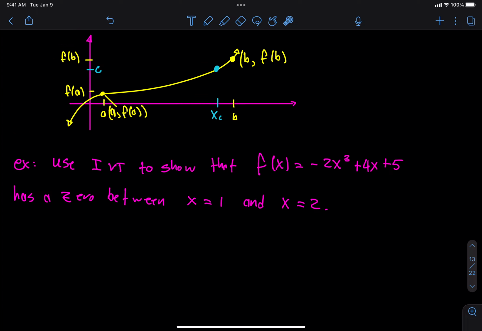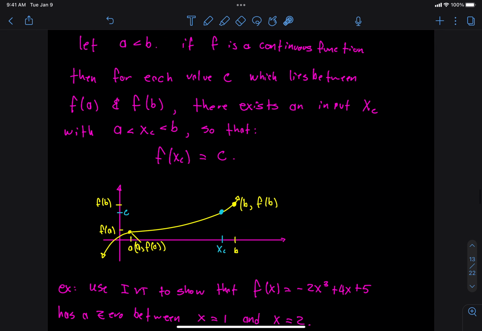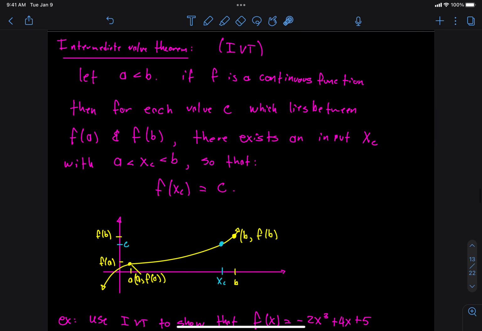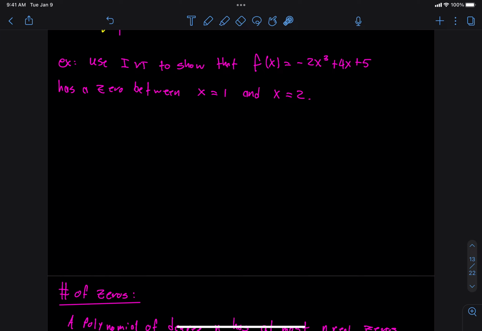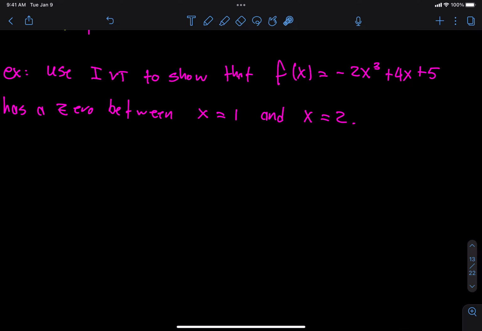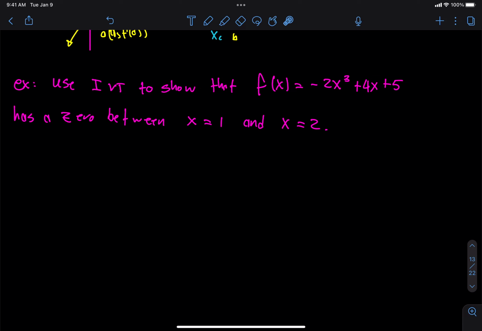So I have this intermediate value theorem, which tells me as long as certain conditions are met, I get a result. And I'm going to apply this theorem in the context of this problem to prove that the function f of x equals negative 2x cubed plus 4x plus 5 has a zero between x equals 1 and x equals 2. So let's see how that's going to happen.